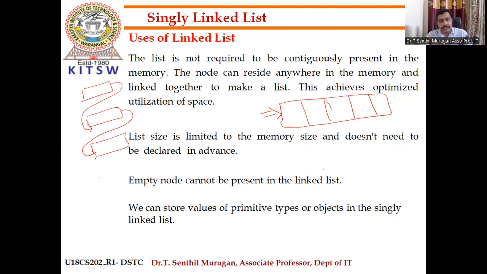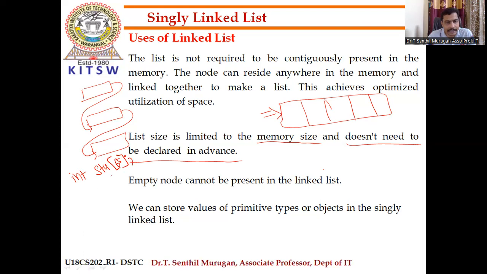The list size is limited to the memory size. As long as memory is available, we can extend the list. Once the memory is over, we are not able to extend it. It does not need to be declared in advance. Normally in an array we have to declare the size in advance. For example, if we want to store student roll numbers as int type and there are 65 students, we must declare the maximum size.